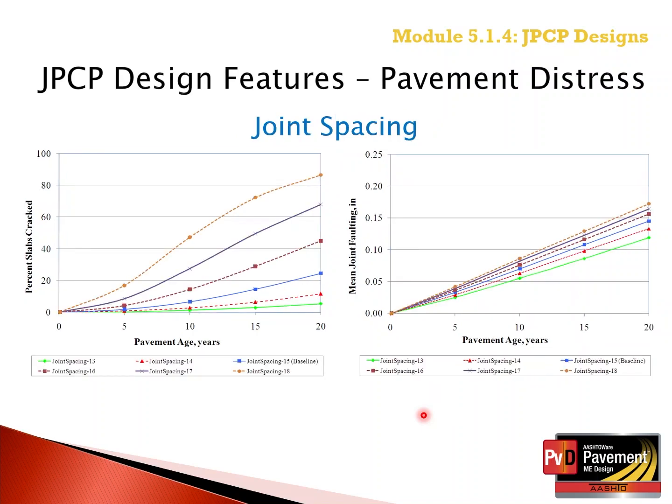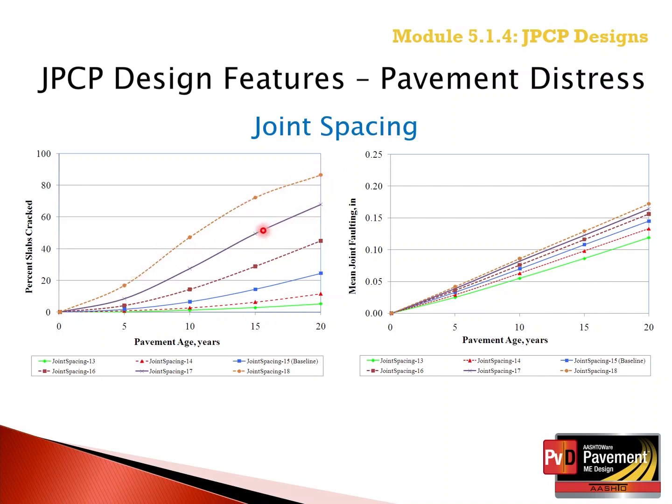Joint spacing. Reducing the joint spacing reduces the curling and warping of the PCC slab and thus reduces the percent cracked slabs. In other words, this shows percent cracked slabs as a function of age throughout the design life, and this is joint spacing. This top dashed curve, kind of orange, is a joint spacing of 18 feet.